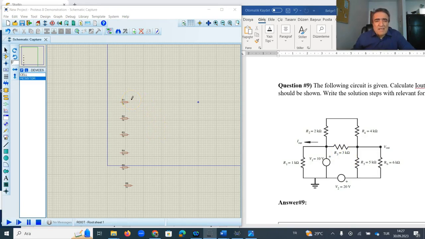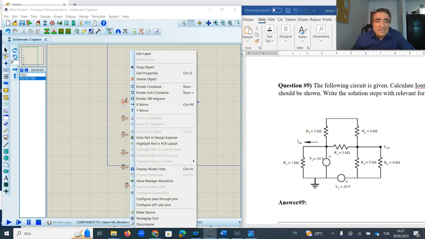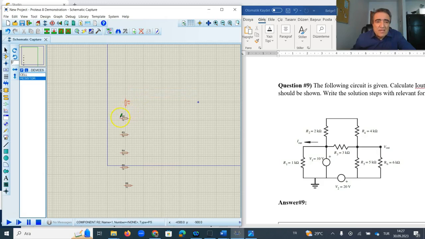We are trying to change the position of the resistors. I am coming to it, selecting the resistor first, then right click and rotate anti-clockwise. Okay. According to our figure, except R3, all of them should be in the vertical direction.